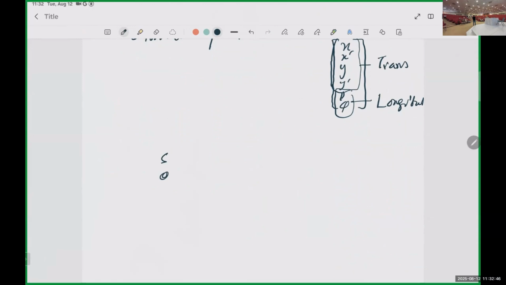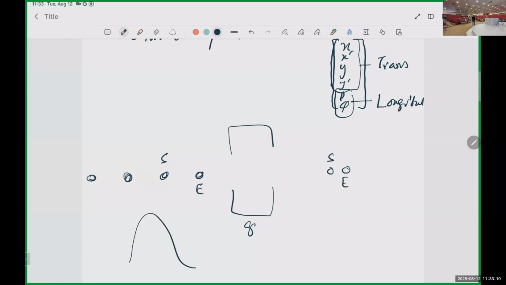This is the synchronous particle. The particles are distributed somewhere here. The early particle is ahead of the synchronous particle, and when they pass through this gap G, the cavity, the early particle comes closer to the synchronous particle due to this distribution.